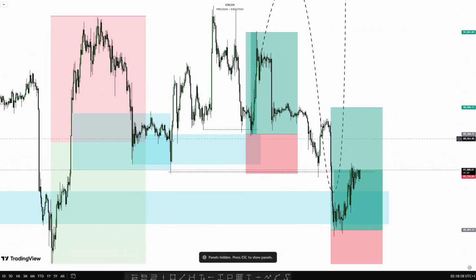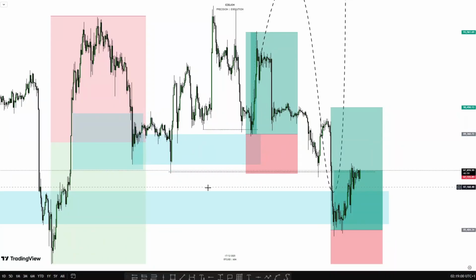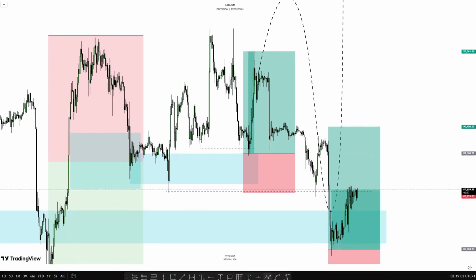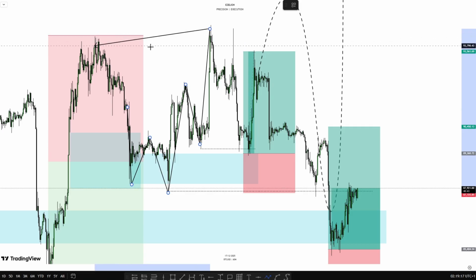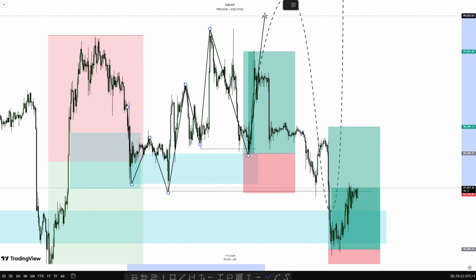So as price tapped it, we now have our entry model, which is liquidity sweep, then structural liquidity. All these things are structural liquidity. Then a break of structure, a market structure shift, right? This market structure shift occurred at this place. So we now set our limit order. And this trade was actually break even because I was waiting for one to trade out. So that's the logic behind this one trade.